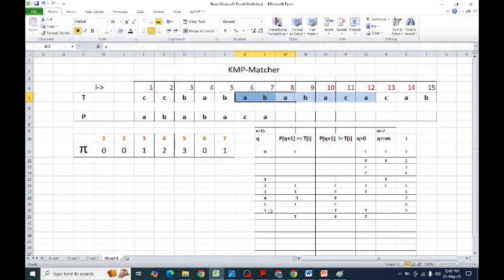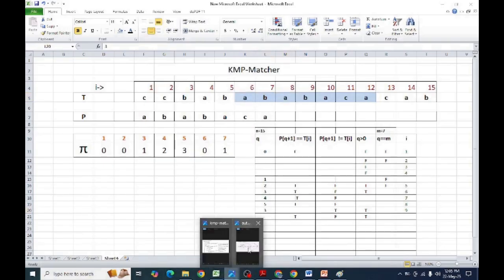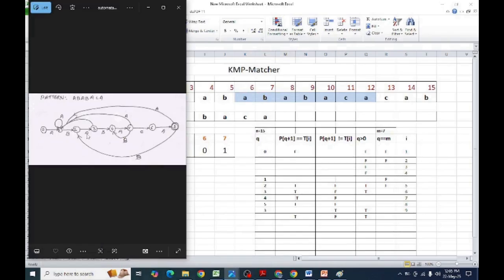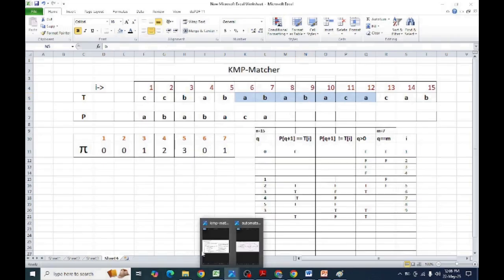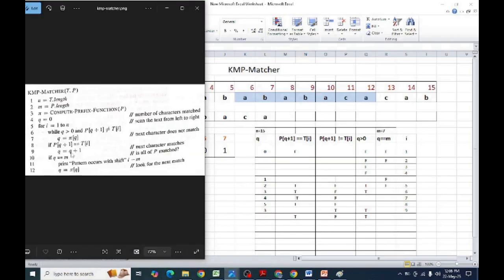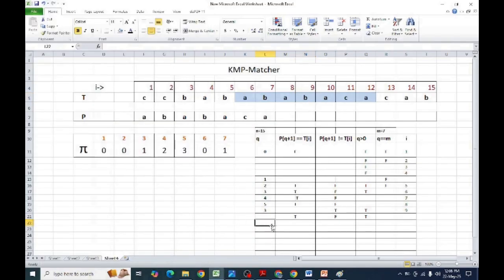Okay, so q equal to 3, we have recorded that we have received ABA in correct sequence, and next we are checking for a B. So next this condition is true, P of 4 is B and T of 9 is B. So these 2 characters are correct. Then what will we do according to the algorithm? If this condition is true, then q will be incremented, q will be 4, q is equal to 4.